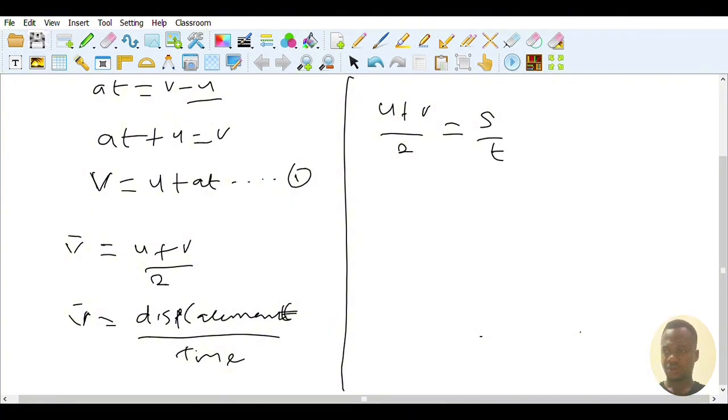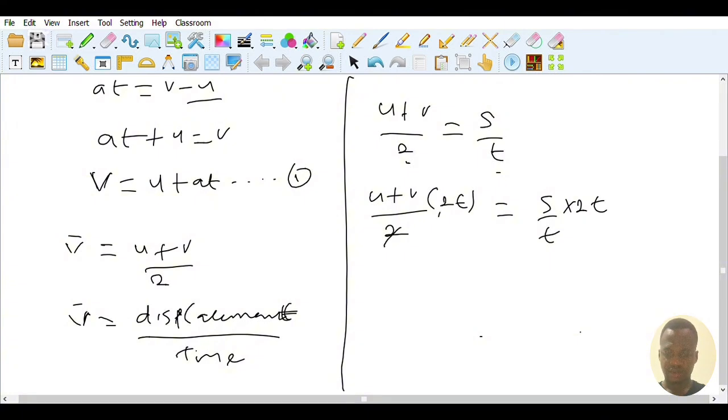Okay, so let's solve this. Multiply through by the LCM, which is 2T: U plus V over 2 multiplied by 2T is equal to S over T times 2T.